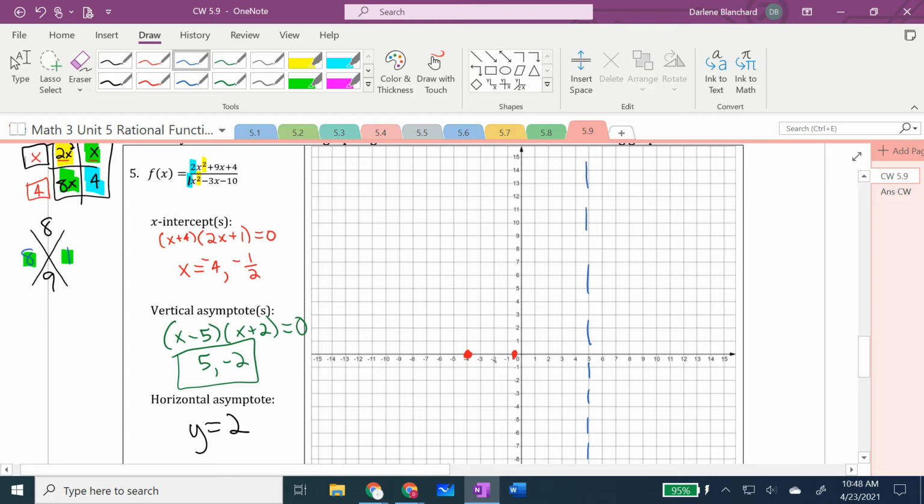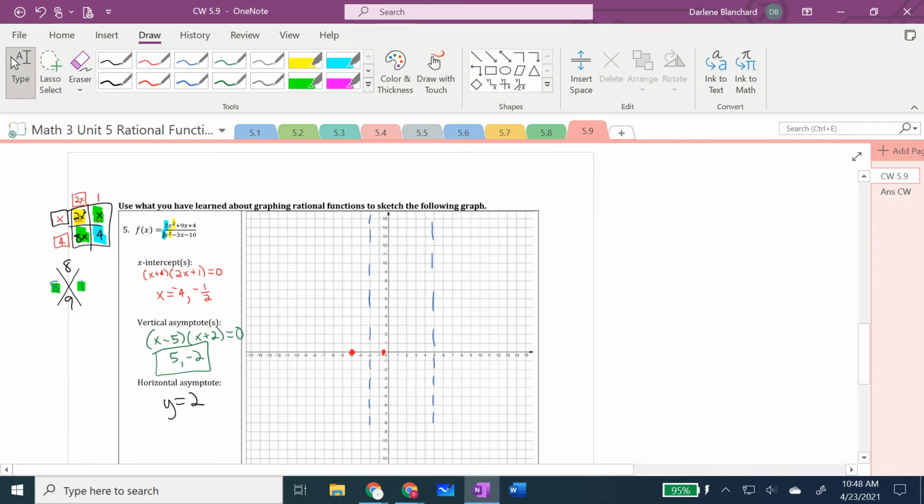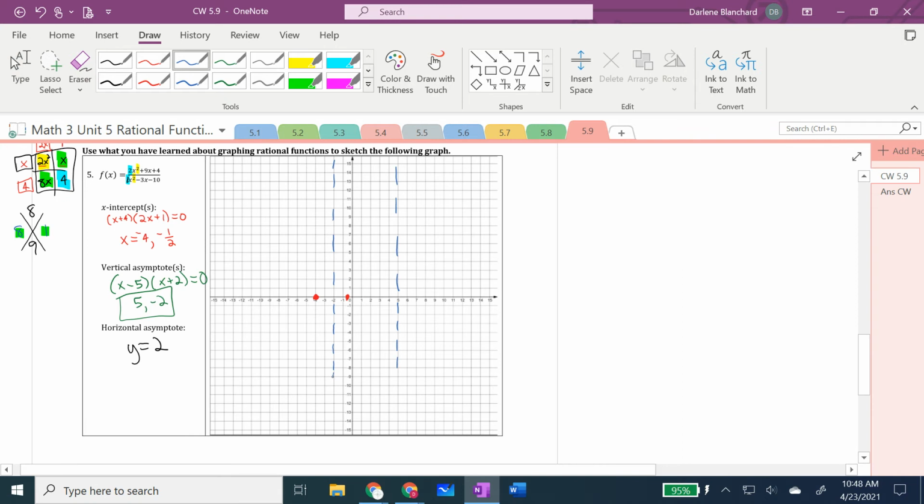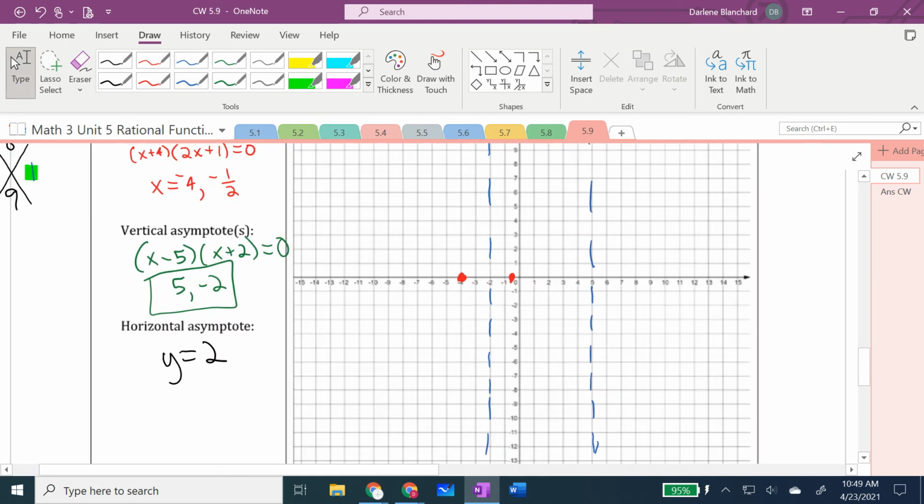The other is negative 2. And I want to extend those to the edge. And then I have horizontal asymptote as y equals 2. And I draw that.